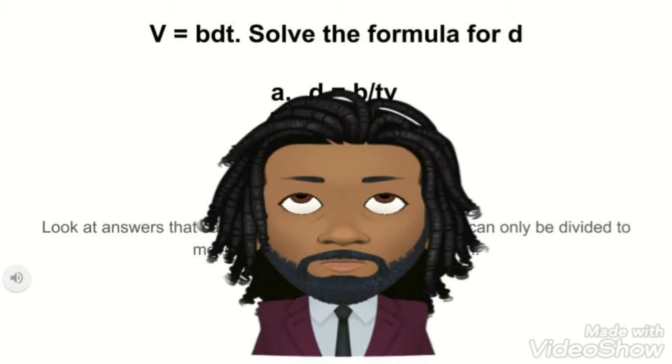Do y'all remember inverse? Inverse of multiplication. Instead of multiplying, you would what? Divide by whatever's being multiplied. So in this case, B and T are multiplied by the D. They are multiplied with D. So to get D by itself, you have to divide B and T from both sides.